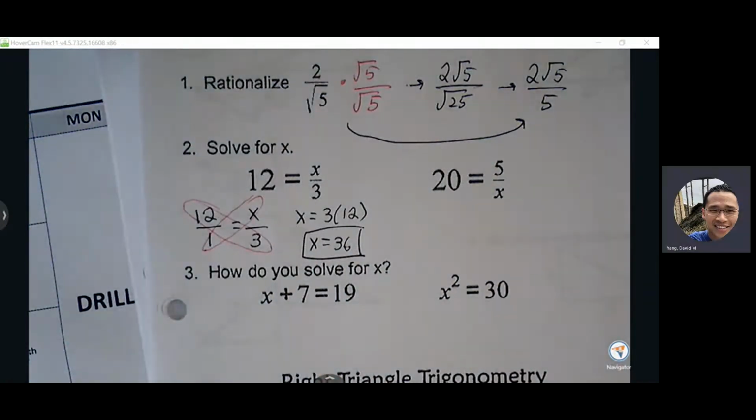Okay, so apply that same step for part B of number two. 20 equals 5 over x.